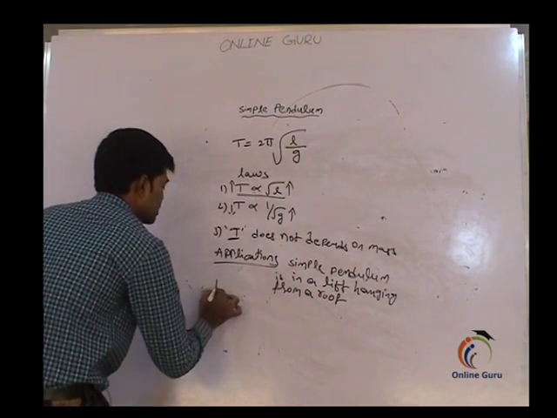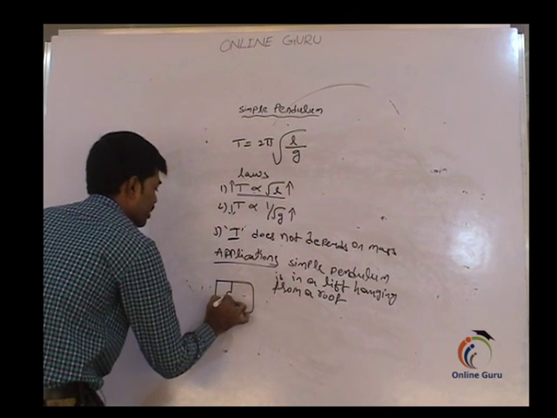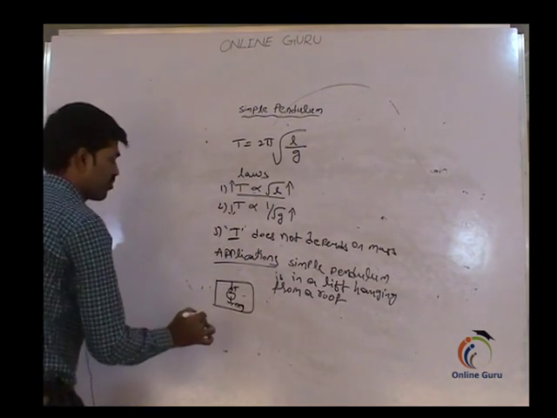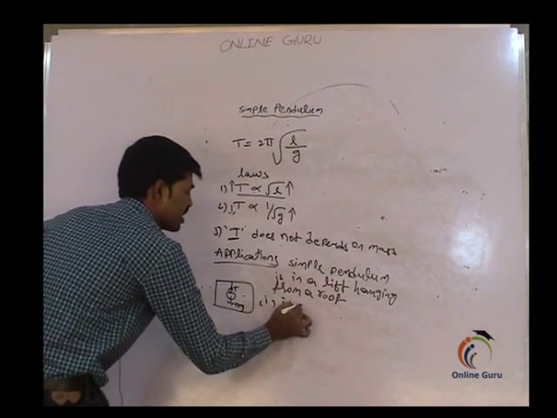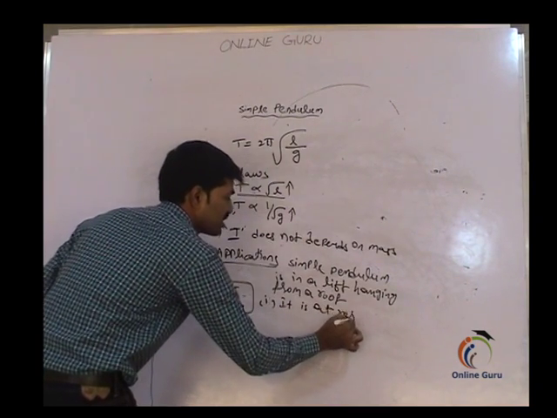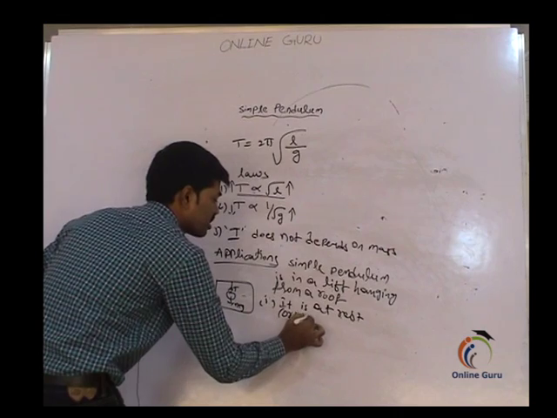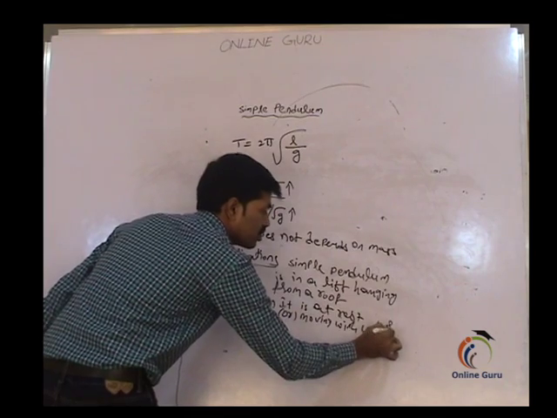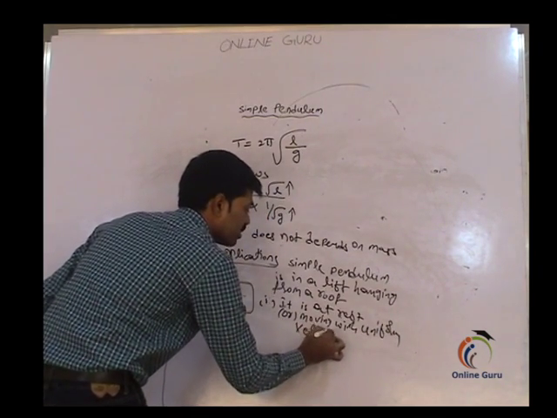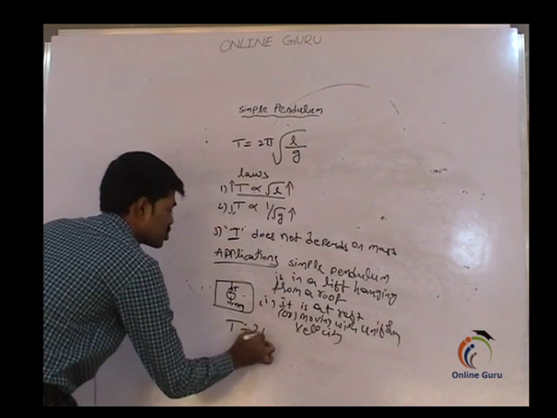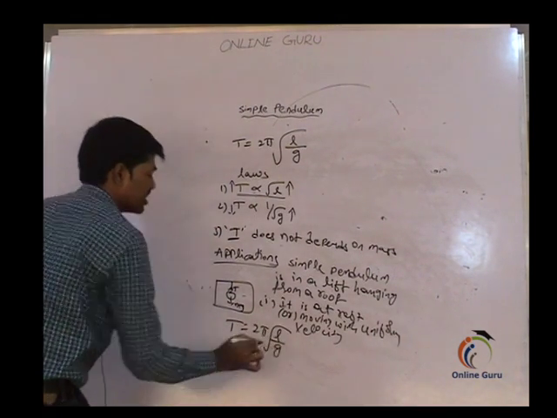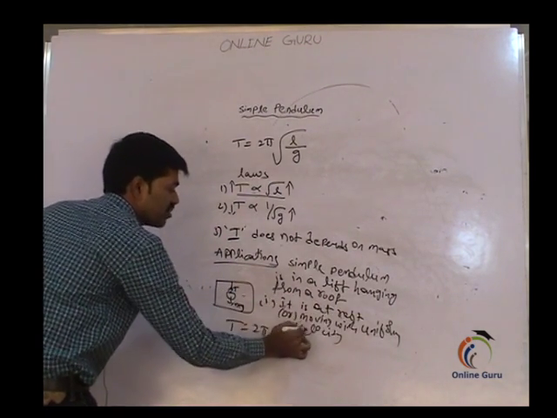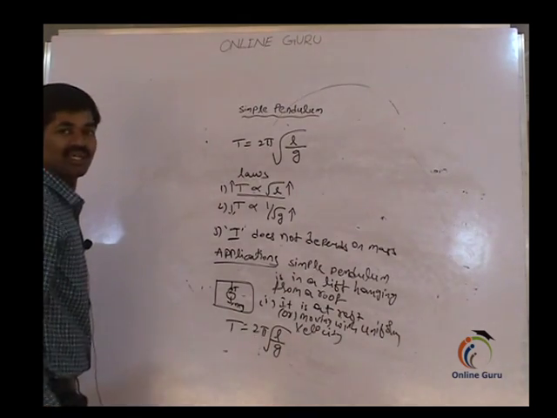This is a lift and a pendulum is hanging here; the weight acts vertically downwards and tension is upwards. First, if the lift is at rest or moving with uniform velocity, then the time period equation is 2 pi under root of L by g. This is the time period if the lift is moving with uniform velocity or is at rest.